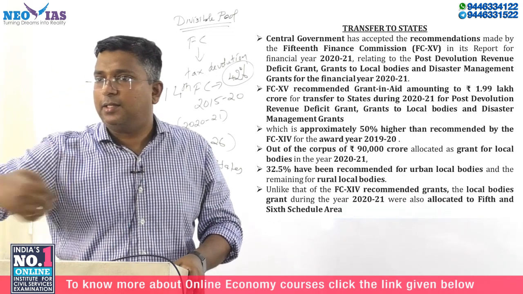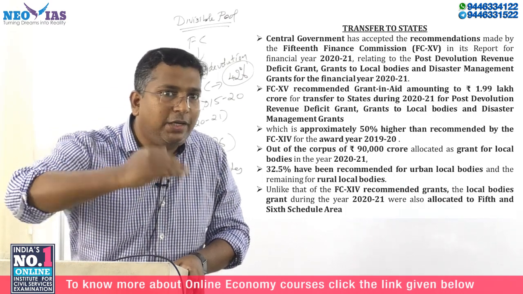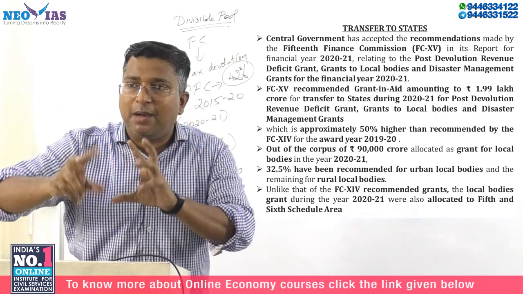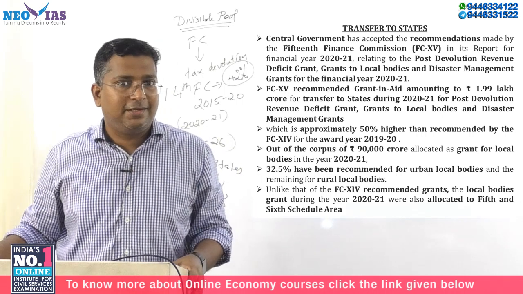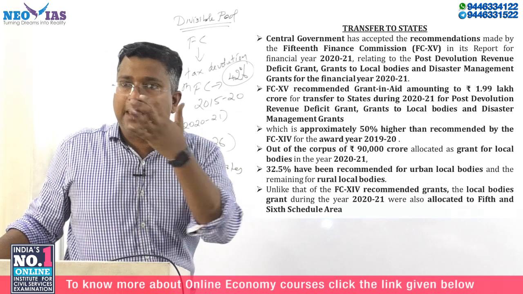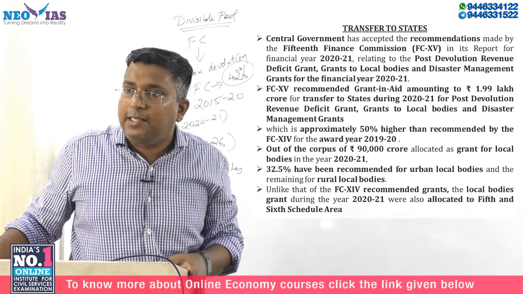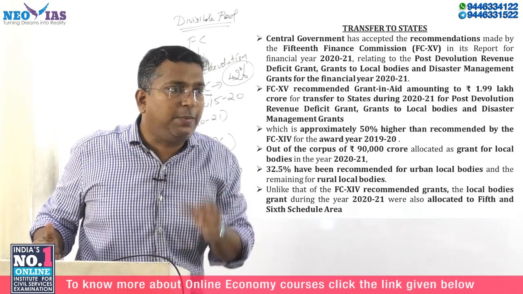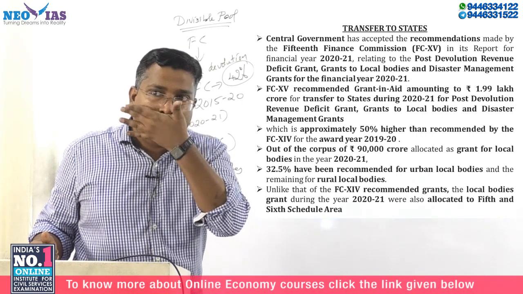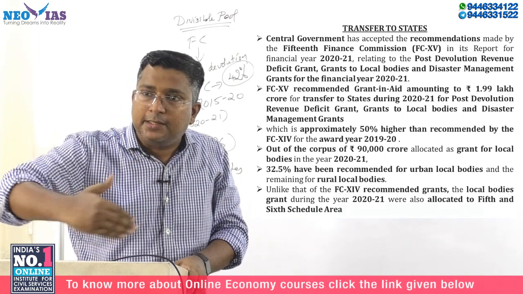Every year they get their share based on this in the union budget. That's why gross tax revenue becomes net tax revenue because of this transfer. Other than that, under the revenue expenditure, there are different grants.